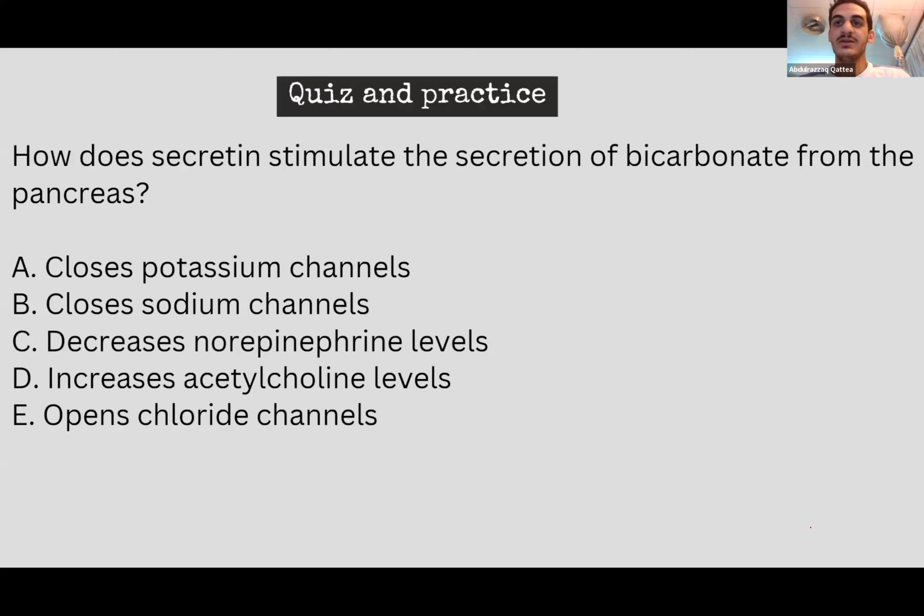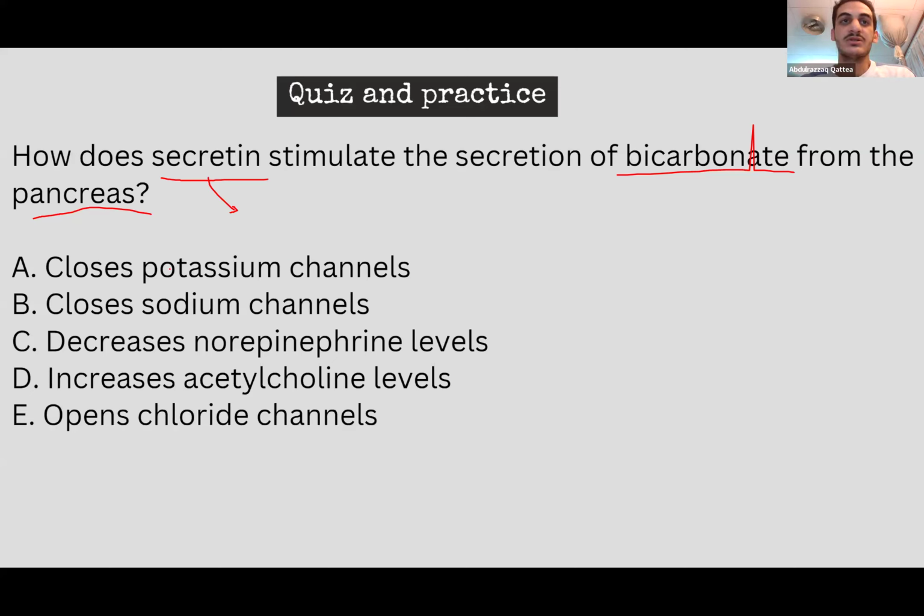I got E, E, E. Okay, let's read the question. How does secretin stimulate the secretion of bicarbonate from the pancreas? So simply, he's asking what's the function of secretin, or how does the secretin act on the ductal cells to release the bicarbonate?